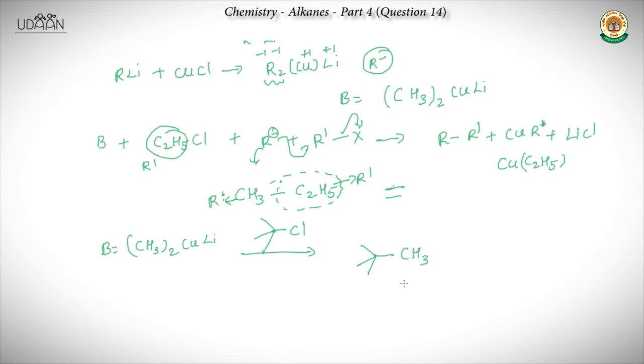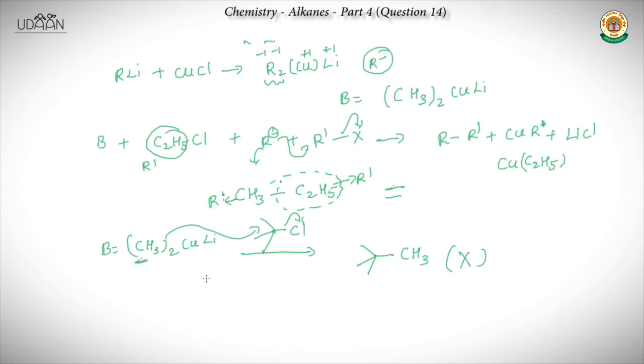Yes, you are correct. So this reaction won't occur because I already told you that this proceeds via SN2 mechanism. That is, CH3 minus attacks this carbon from the back side. So you can see these three methyl groups are providing steric hindrance to this carbon.